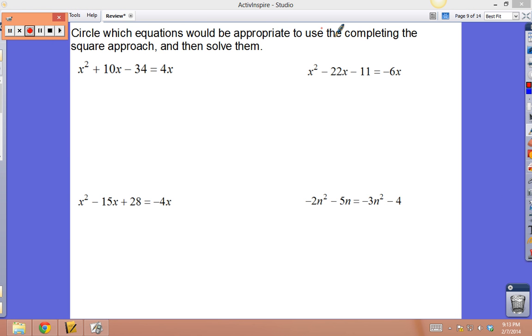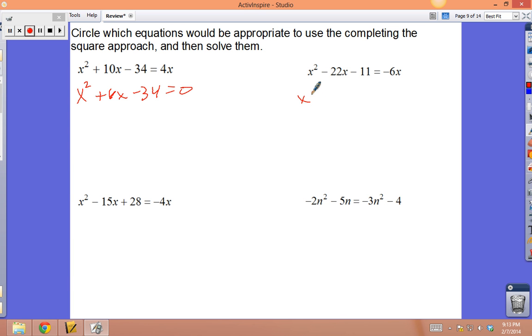Completing the square. Those are going to be easy to recognize because your C is going to be kind of a bum C. There's going to be no way to get two integers that multiply to get C and add and give you B. So same move, get everything on the same side. So this one is x squared plus 6x minus 34 is 0.